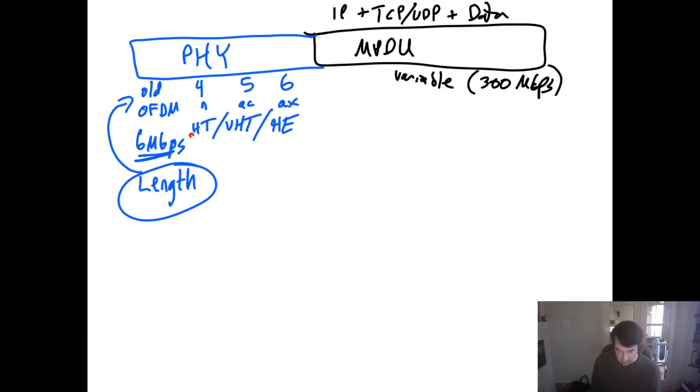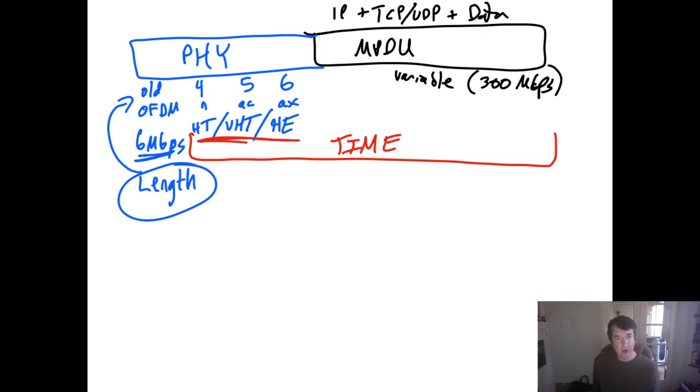So the length field will include how much time it takes for whatever physical layer encapsulation is added for Wi-Fi 4, 5, or 6, or some combination of them, and the MPDU: the IP header, TCP or UDP header, and data. All of those things would be included in the length field.